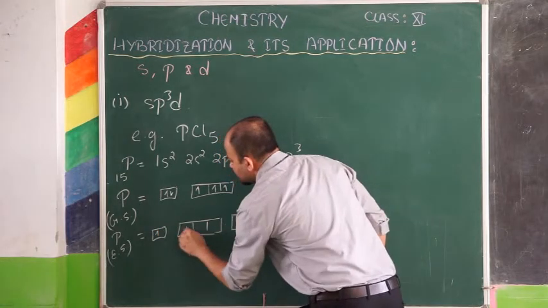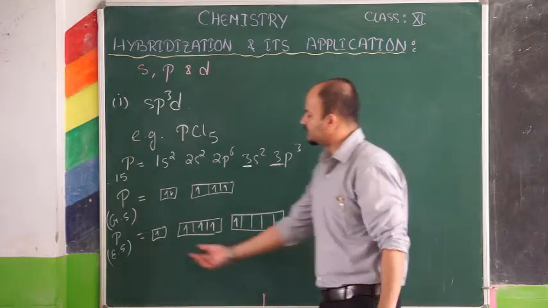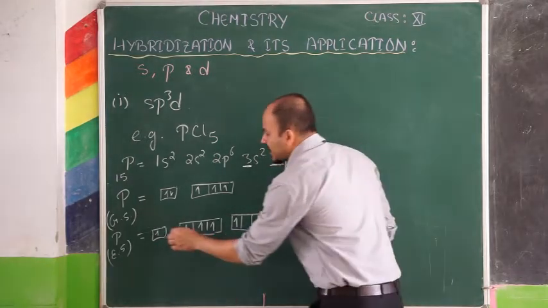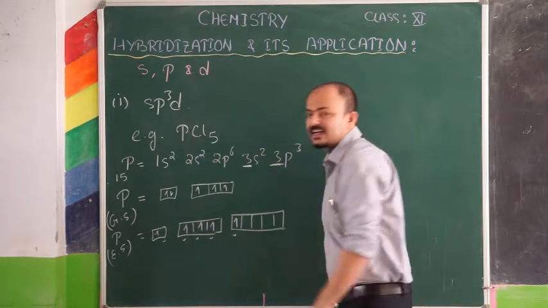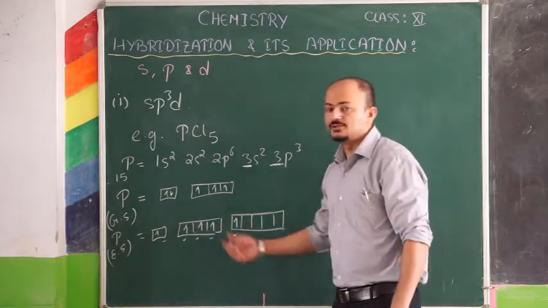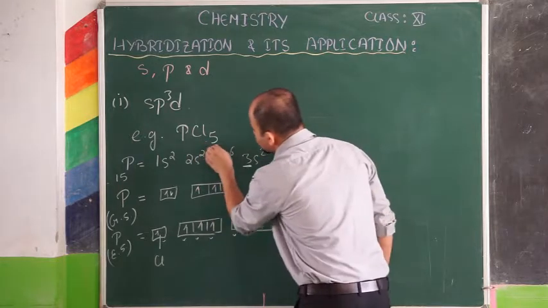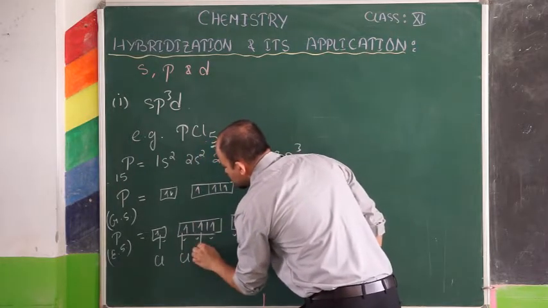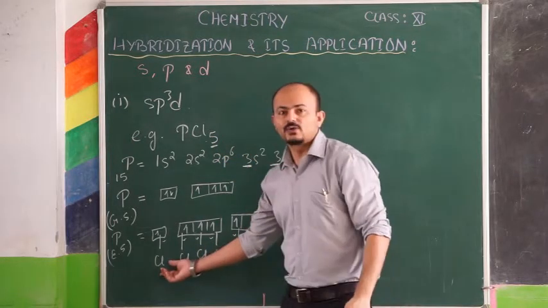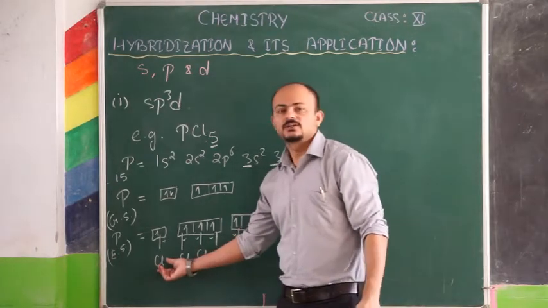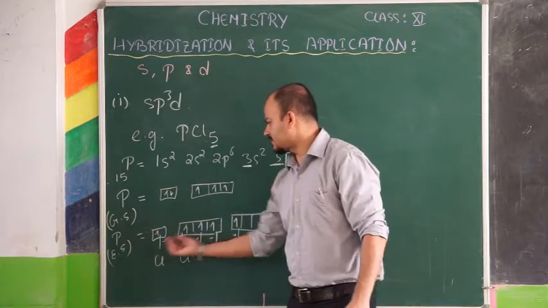Therefore, how many unpaired electrons do you have now? 5 unpaired electrons. The orbitals which contain these unpaired electrons are hybrid orbitals now, and they will be used in bond formation with chlorine atoms. How many chlorine atoms are there? 5. So 2, 3, 4 and 5. Since chlorine needs 1 electron to complete its octet, it forms a covalent bond with the phosphorus atom.